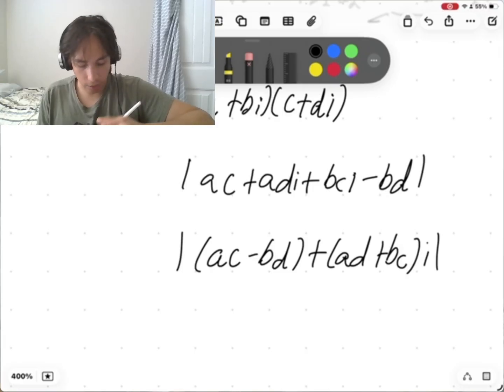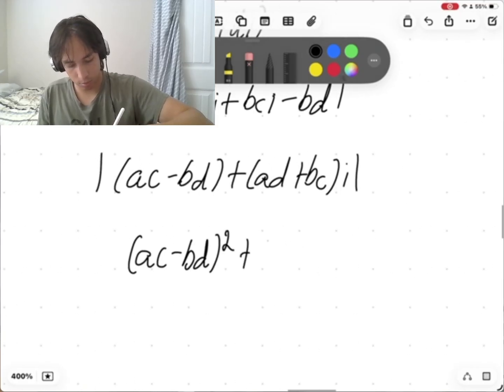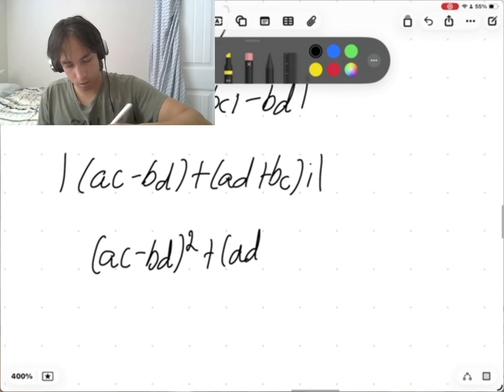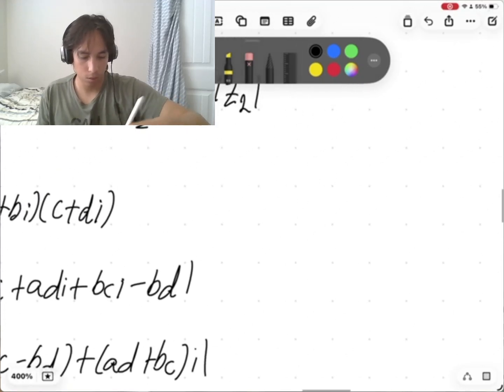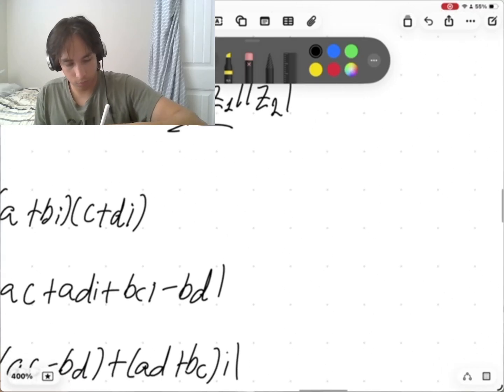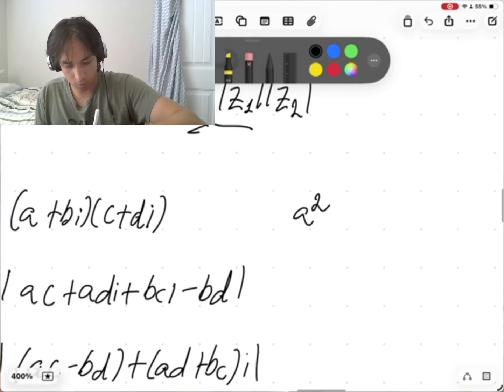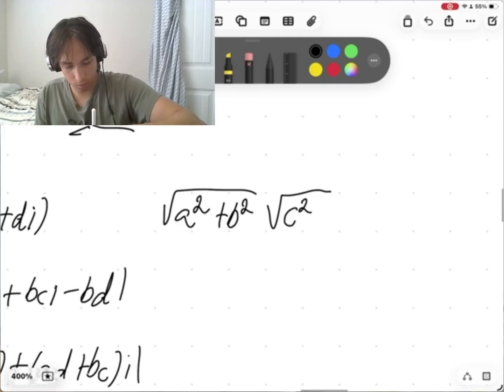So if we get the absolute value, we get the square root of ac minus bd squared plus ad plus bc squared. So we got that. Get the square root of a squared plus b squared times the square root of c squared plus d squared.